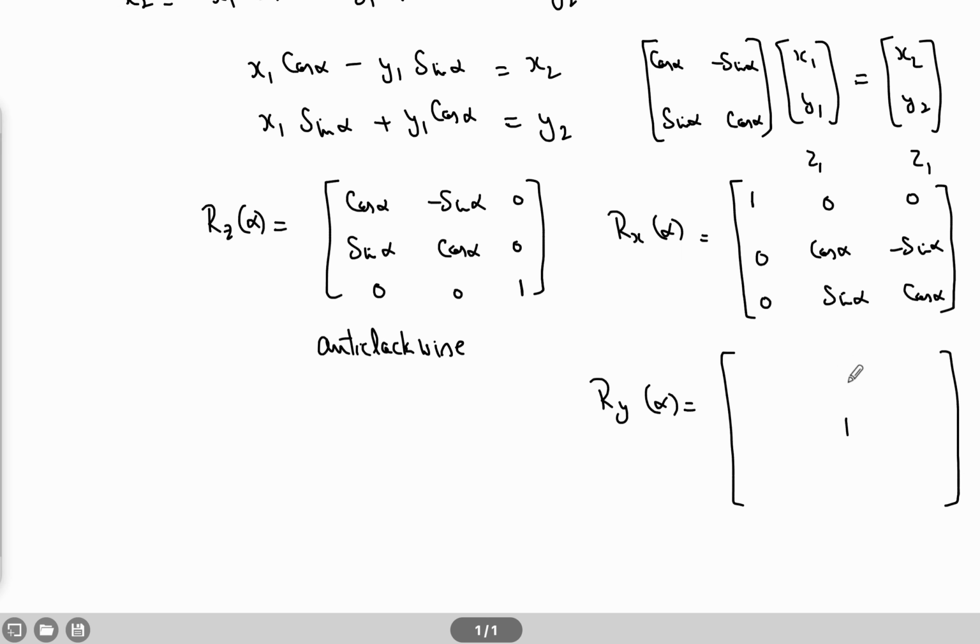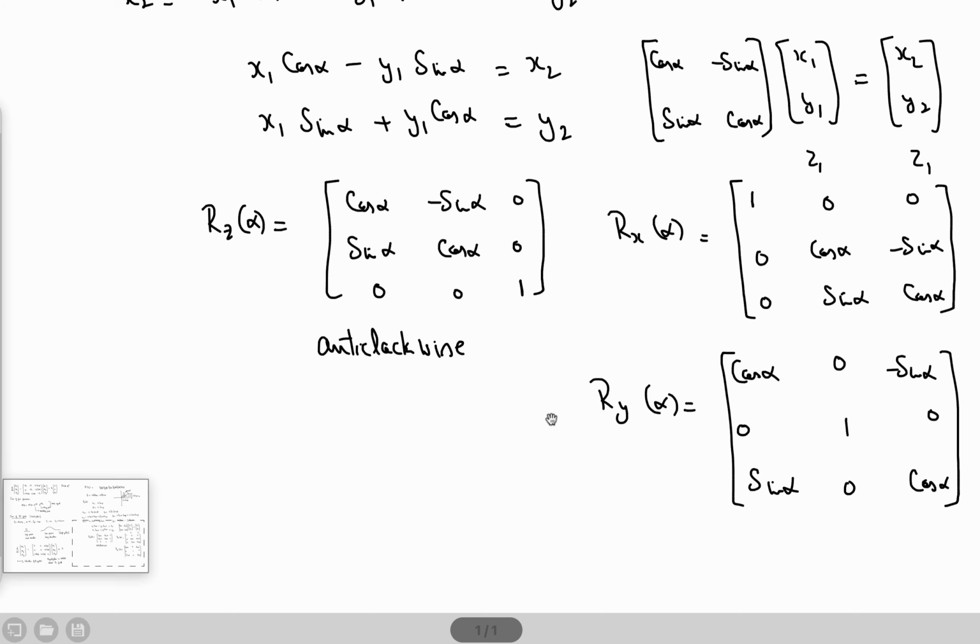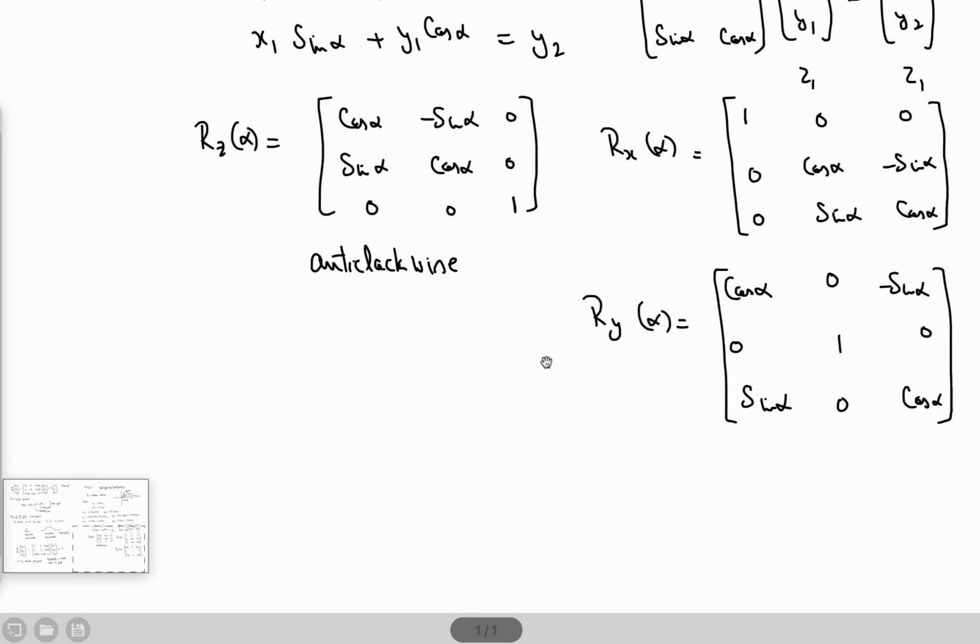Now y will be 1 and the corresponding rows and columns will be 0, and then you will be left with cos alpha minus sine alpha and cos alpha. You can explicitly do the same algebra here, simple maths, to see if what we have got is correct, but this is how it is done for the Z axis I've shown, you can do it for X and Y axis, right? Okay, so now we have the rotation matrices.